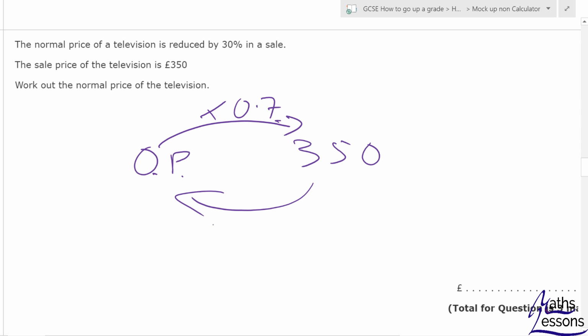So 350 divided by 0.7 is the same as 350 divided by 7 over 10, which is the same as 350 times 10 over 7. 7 into 350 is 50, because 7 into 35 is 5, and then times by 10 gives you 500.